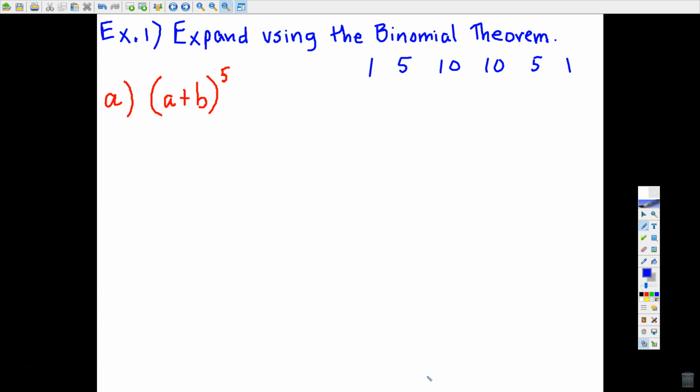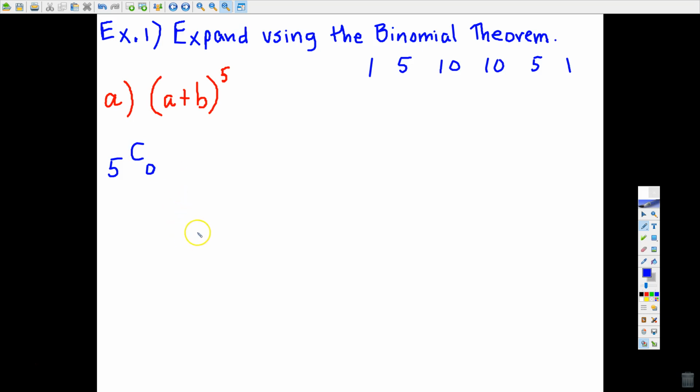Well, instead of getting these coefficients from a row of the triangle, we're going to get these coefficients by calculating combinations. Here's how it works. So here is the theorem, and using the theorem to expand, I'm going to start off with 5 NCR 0.